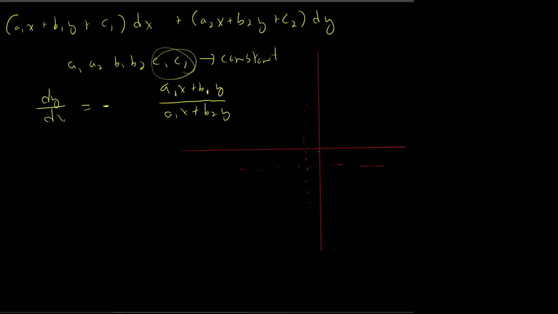And so I do this shift of axes. I shift my origin down to this new place, and I do that by just defining x equals u plus h and y equals v plus k.